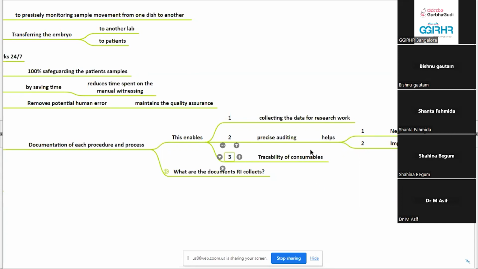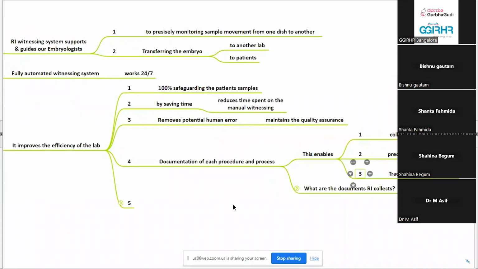All the consumables we use in the lab are imported. Developing and underdeveloped countries usually don't produce any IVF consumables; they are imported from developed countries. Since they are very costly, we can trace how many consumables we have used by using the RI witnessing system.